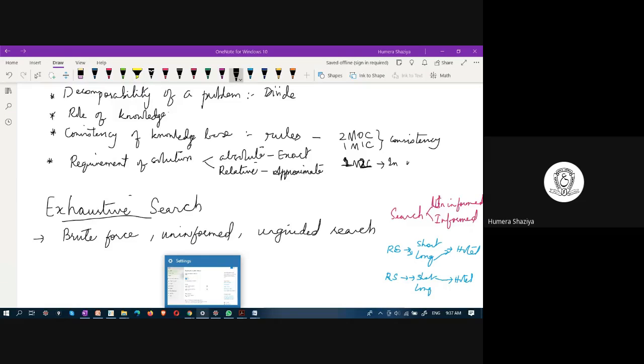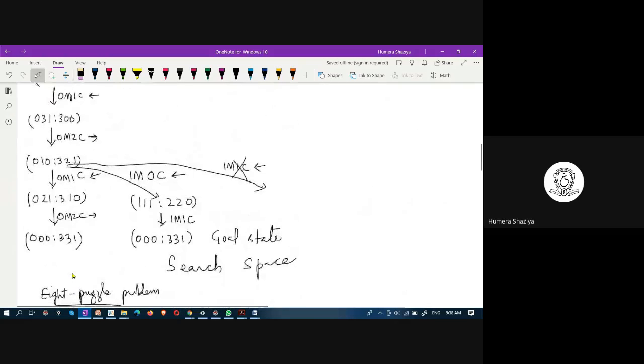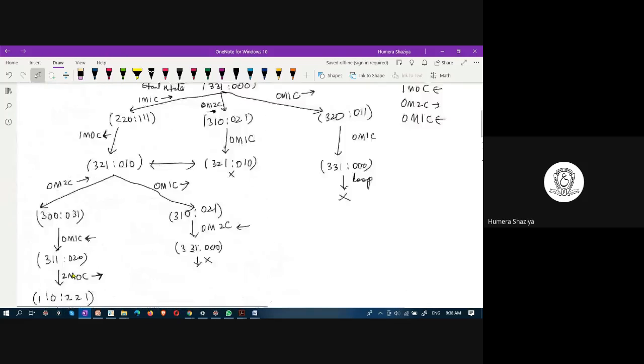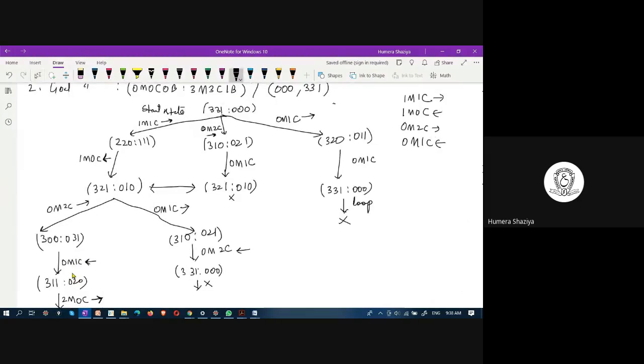In the missionaries and cannibals problem, we started here with the state space search we used. Consider this problem here. The start state is leading to the next three states, and here all the possible options are being explored.